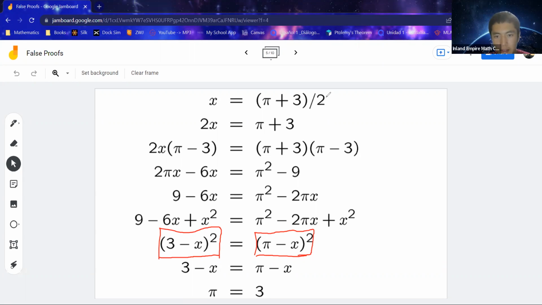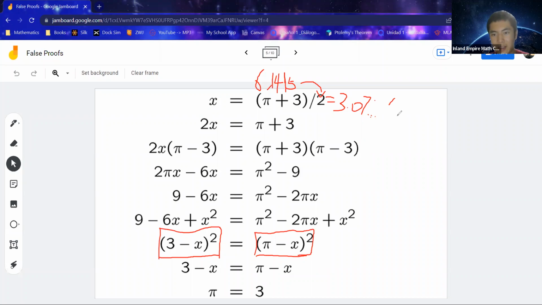Because if you think about this, x is equal to pi plus 3 over 2. Pi plus 3 is something like 6.1415 something, because pi is 3.1415. And when you divide this number by 2, you would get something like 3.07-ish.